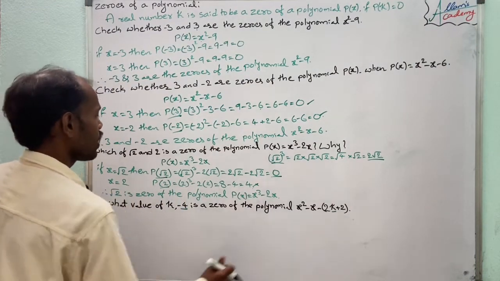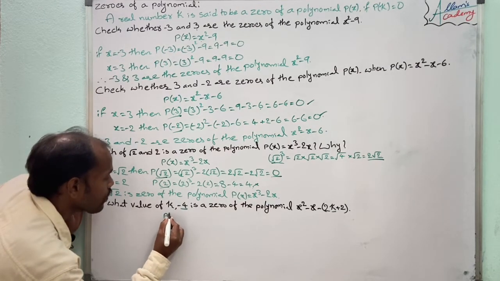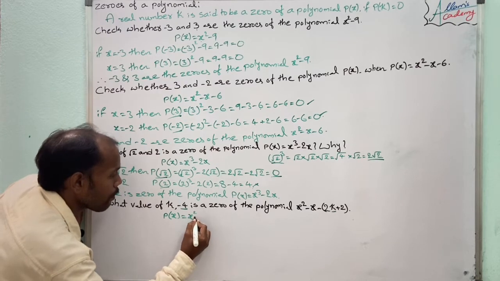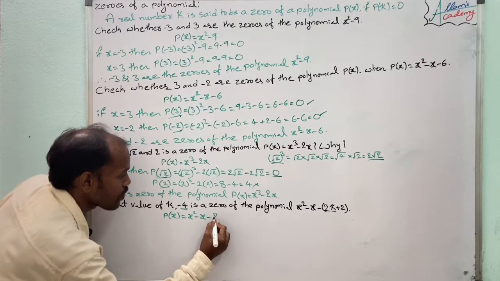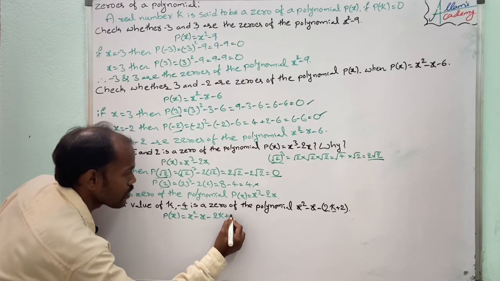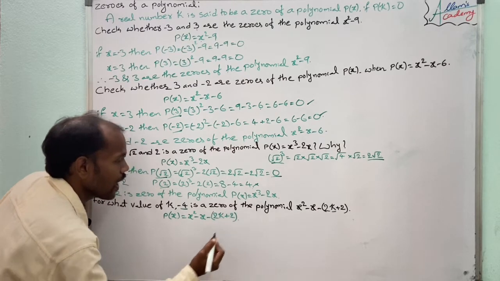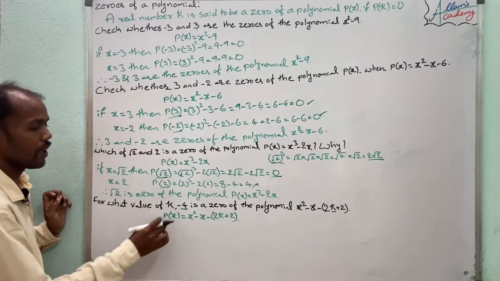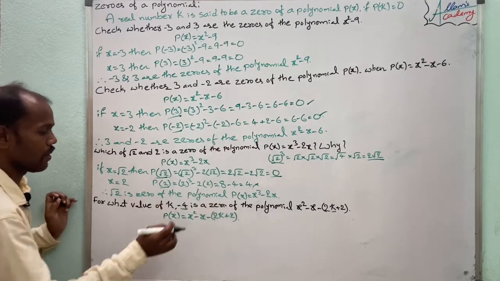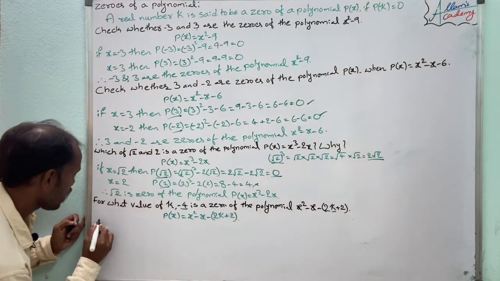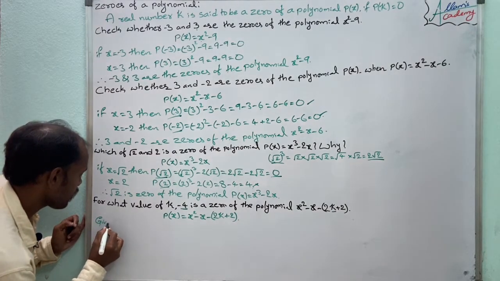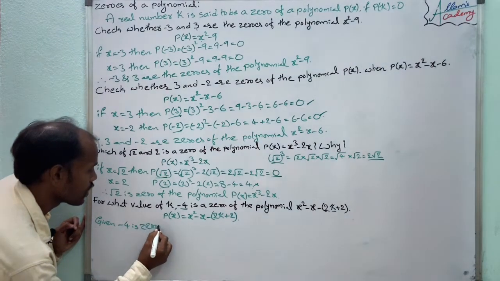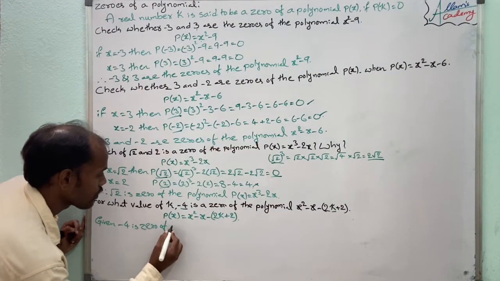So first, the given polynomial p of x equal to x square minus x minus (2k plus 2) we take, and here p of minus 4 equal to 0. Why? Because it is given as a zero of the polynomial.